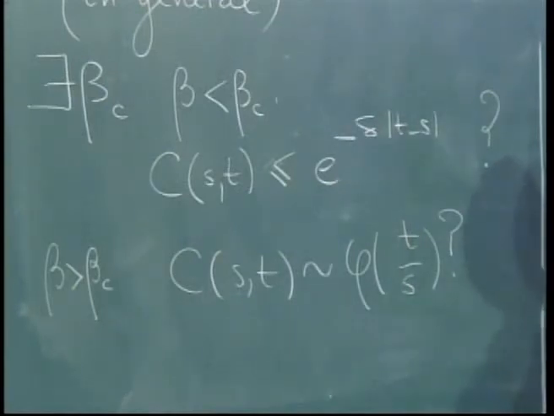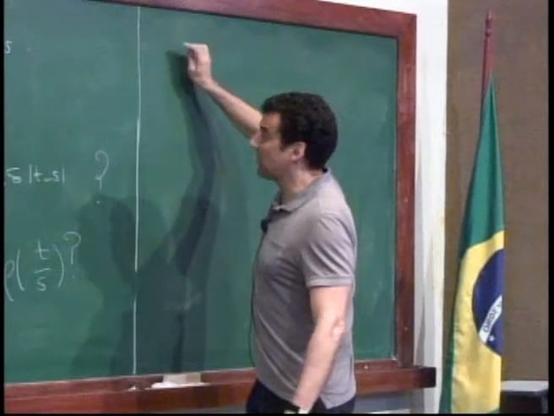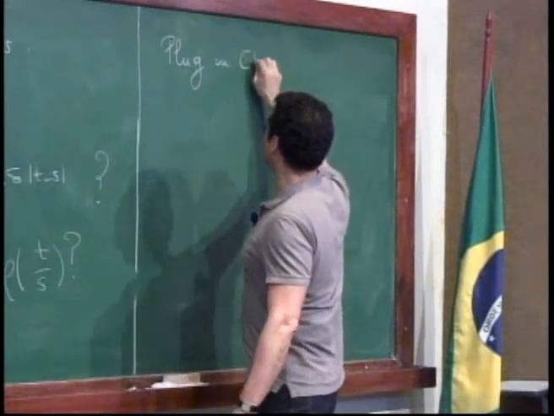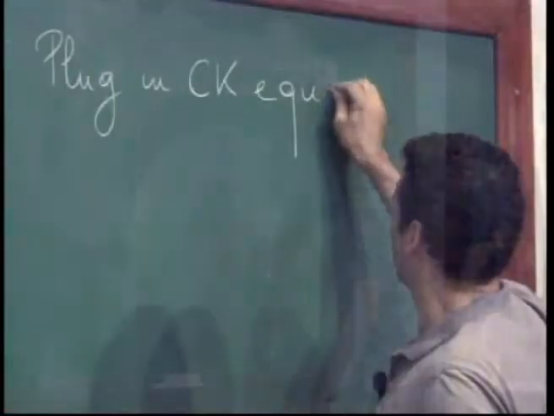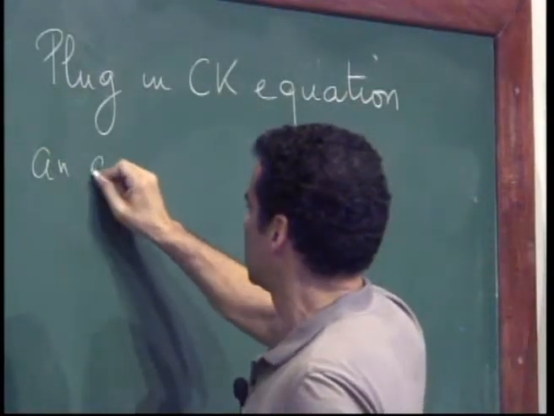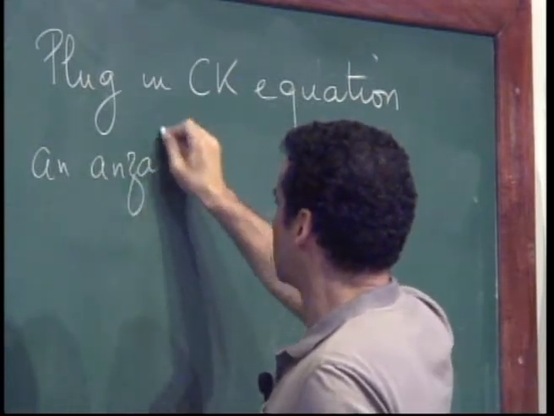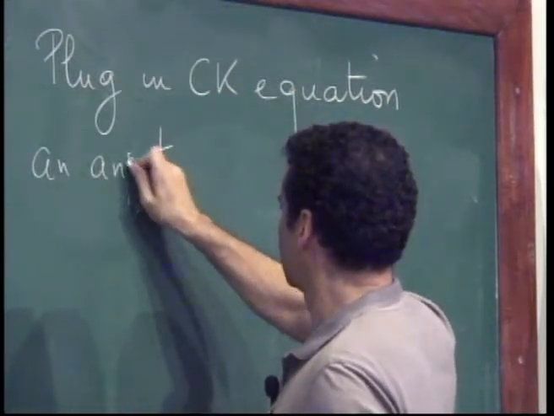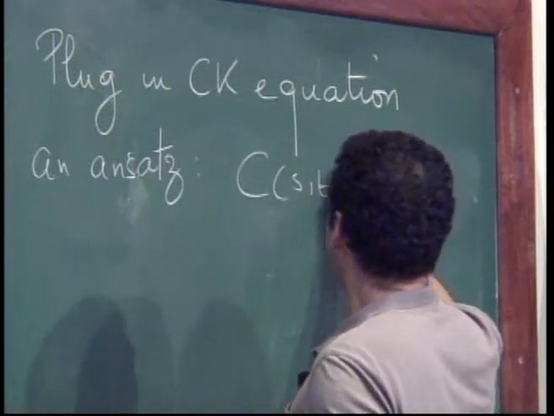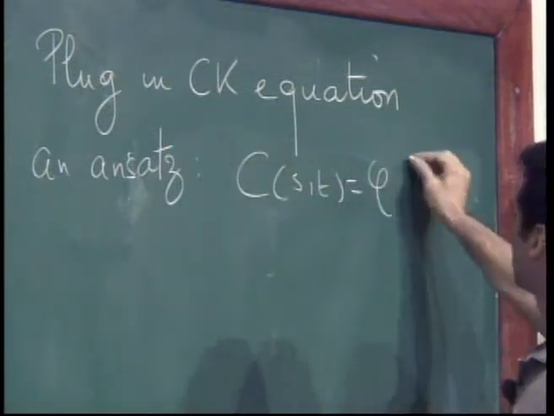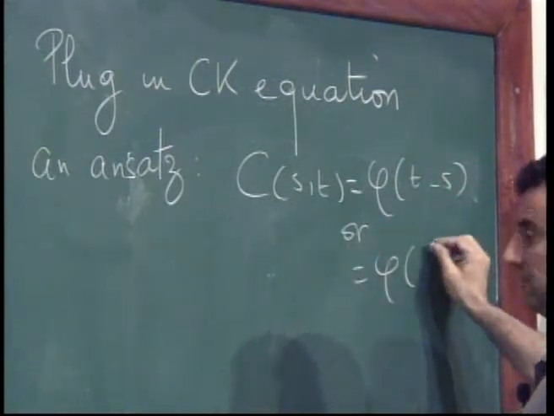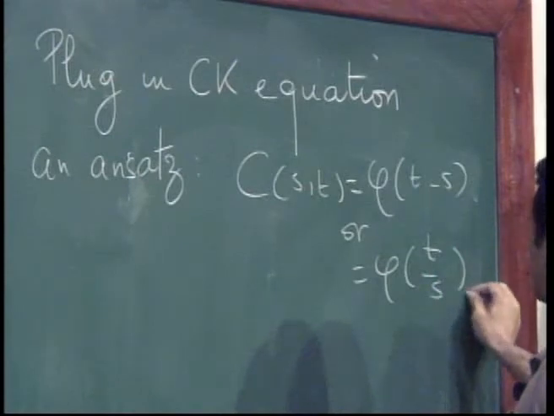What you can try to do is plug in the Ghirlanda-Courant equation an ansatz of the form C of S,T is a function of either T minus S or S over T, or T over S. Right?